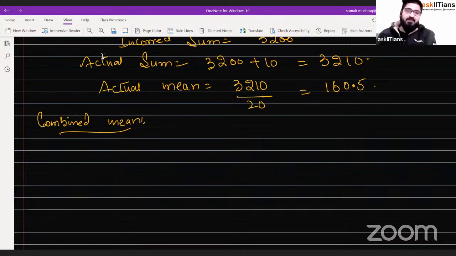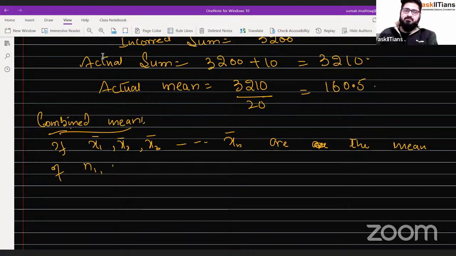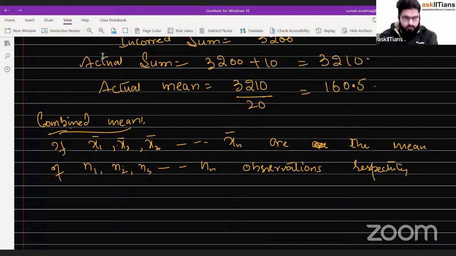See, I will give you a simple clue. If x1 bar, x2 bar, x3 bar, and so on, xn bar are the means of n1, n2, n3, and so on, nn observations respectively, that means x1 bar is the mean of n1 observations, x2 bar is the mean of n2 observations, x3 bar is the mean of n3 observations, and so on.